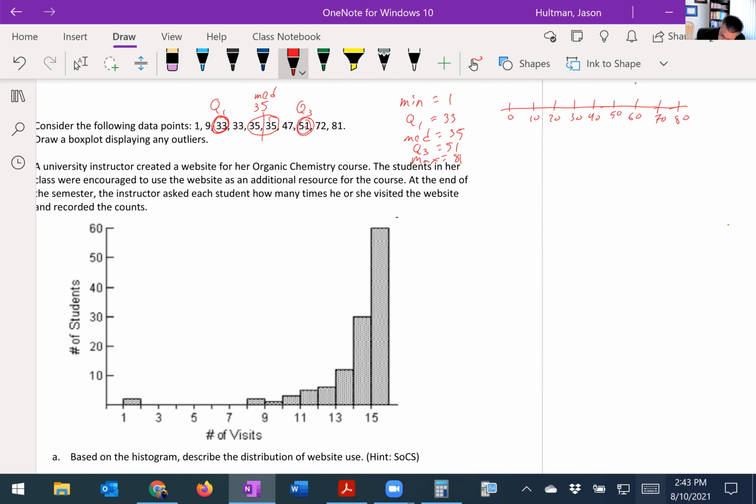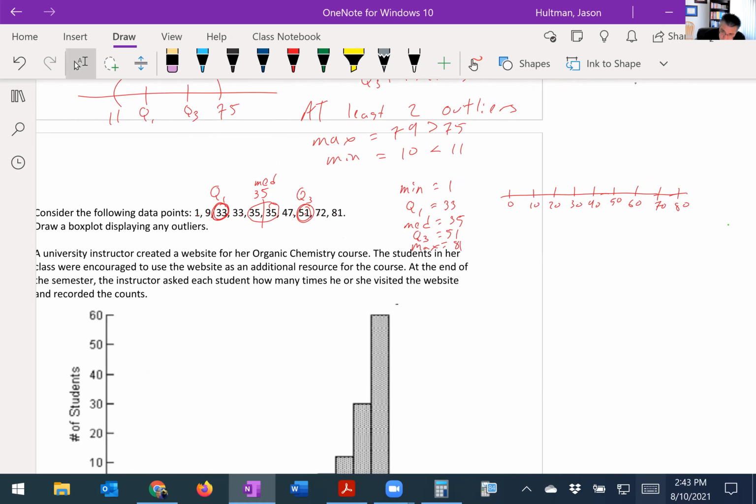Our minimum number is 1, but I don't know if that's an outlier yet or not. Our Q1 is at 33, so 33, I'll say, is about there. The median is at 35, so that's there. The Q3 is at 51, so that's there.